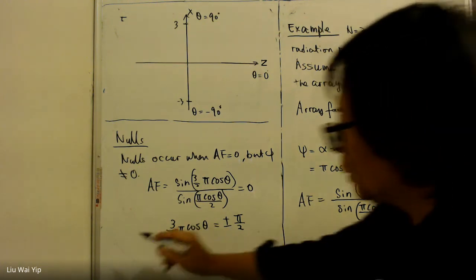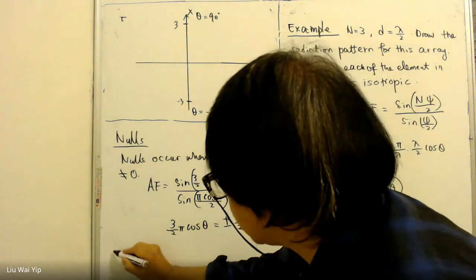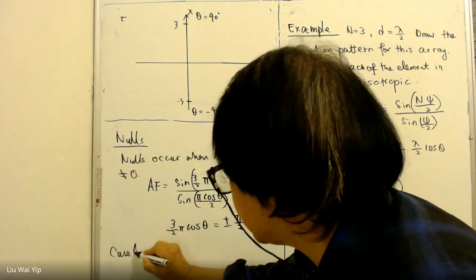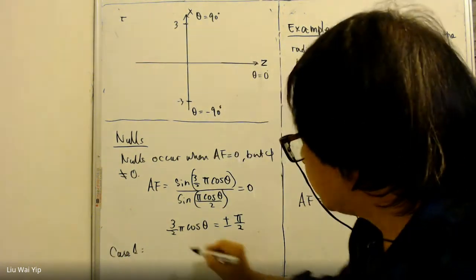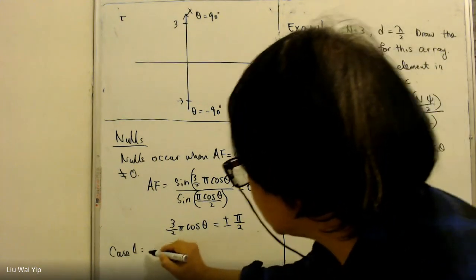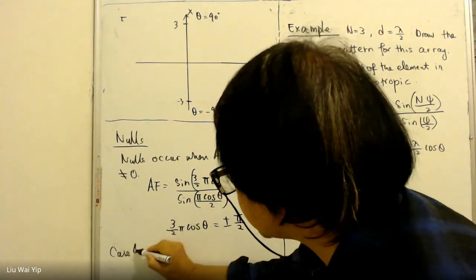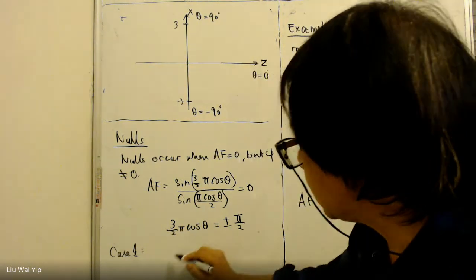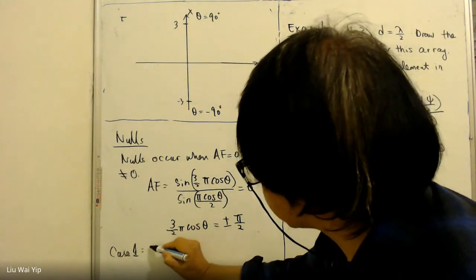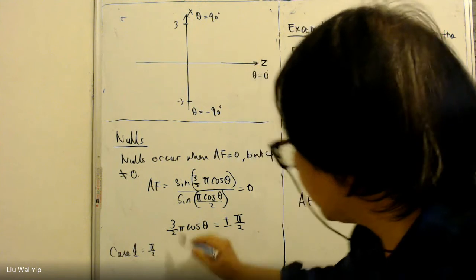So, case 1, when this angle is equal to pi over 2, and let's see what happens.